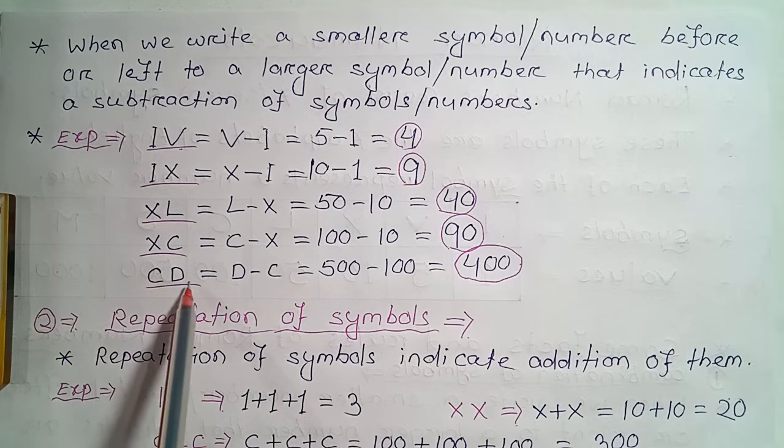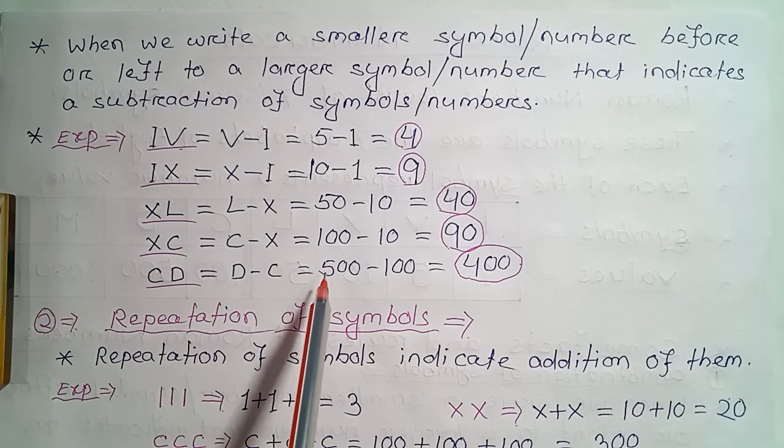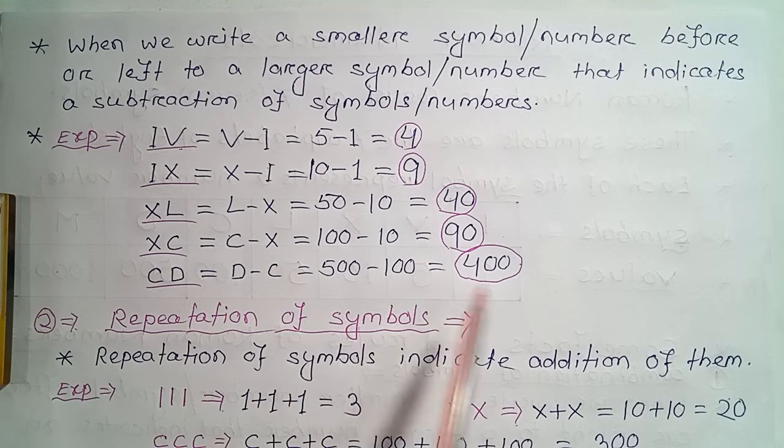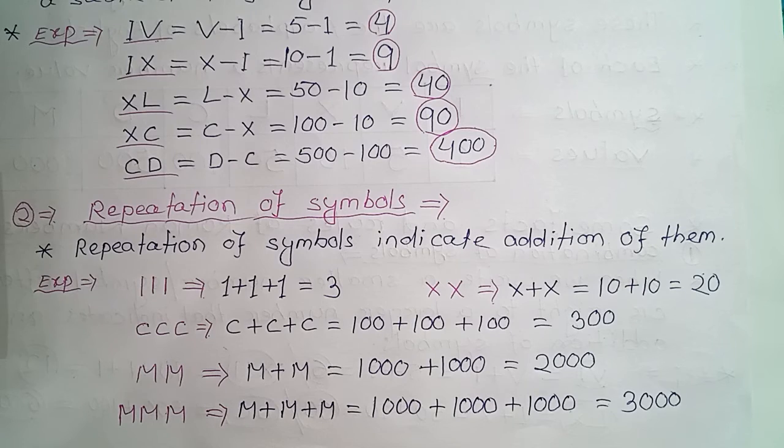Again, for CD, it is D minus C, 500 minus 100, it is 400. So when we write a smaller number prior to or left to a larger number, that indicates a subtraction.